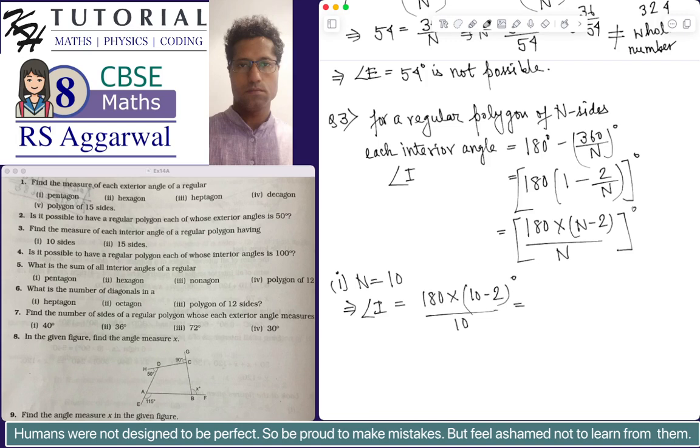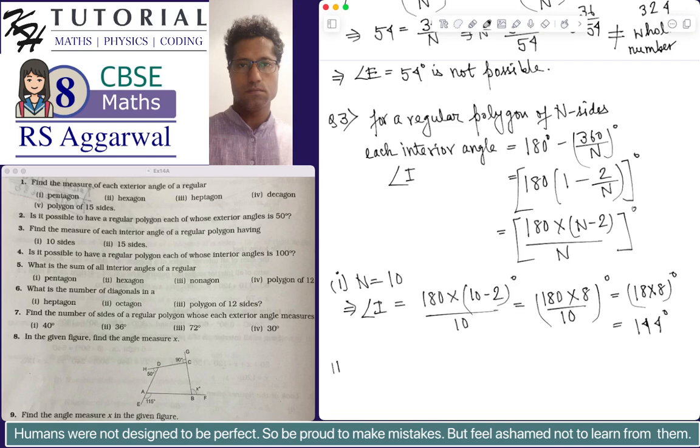This is equal to 180 multiplied by 8 divided by 10 degrees. This is equal to 18 multiplied by 8 degrees, which is 144 degrees. So, each interior angle of a regular polygon having 10 sides is equal to 144 degrees.